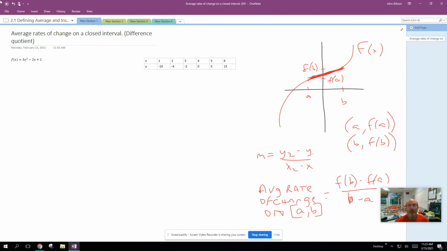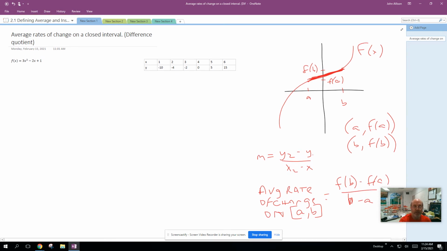When we look at a table, we're given select values of a function in a table. We can find the average rate of change on the interval where the endpoints are the x values that we're given in the table. So we could find the average rate of change, and we'll just select ARC.